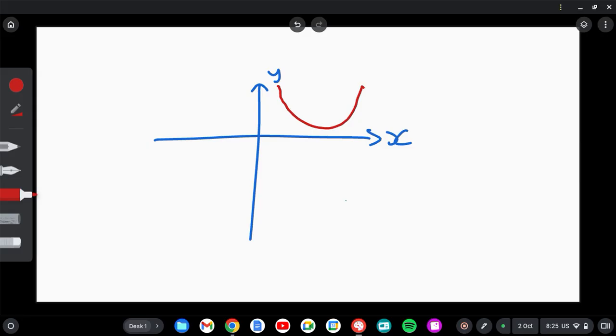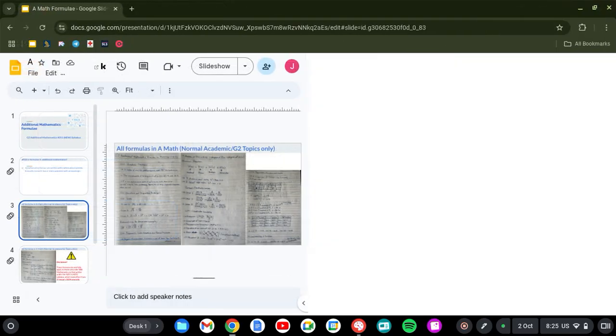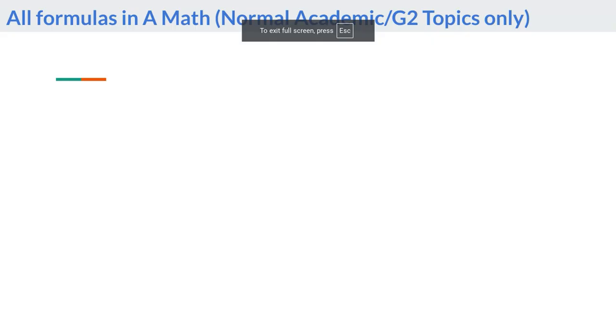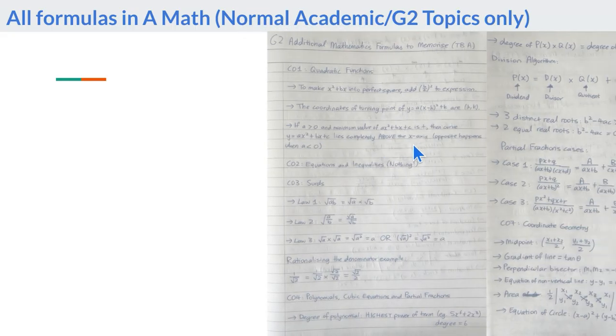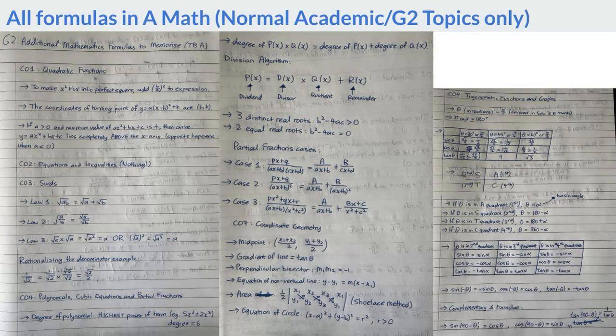So if you are lucky enough to have this type of equation, then you are very lucky. If you have this type, then you are good to go.